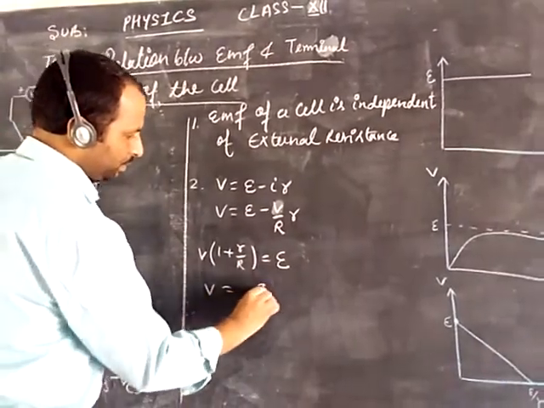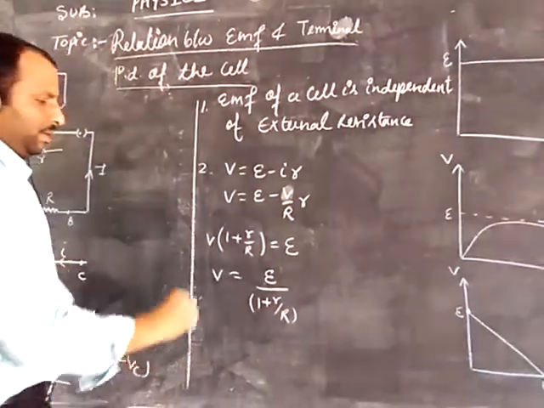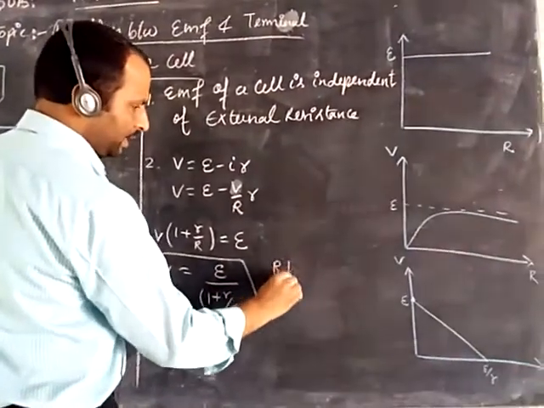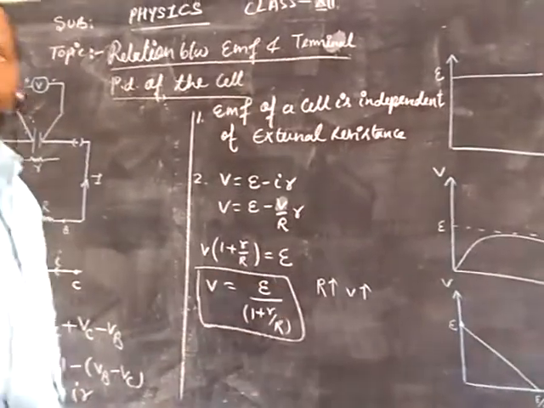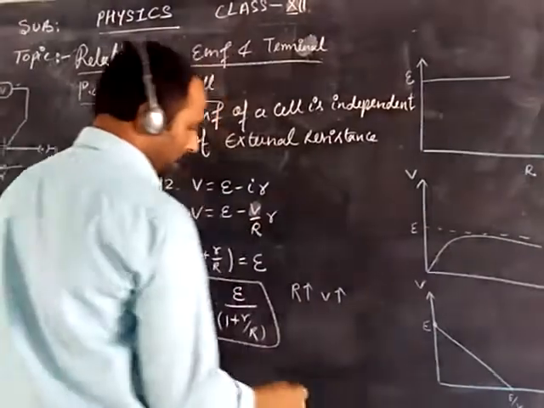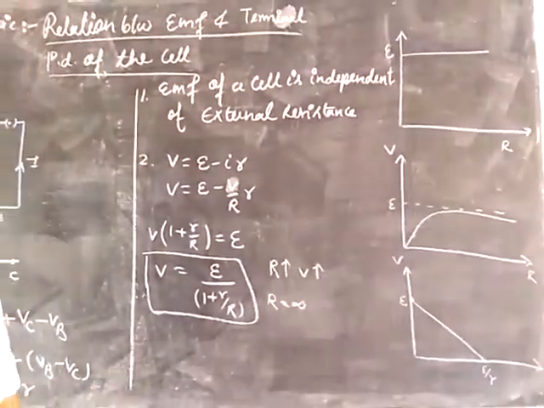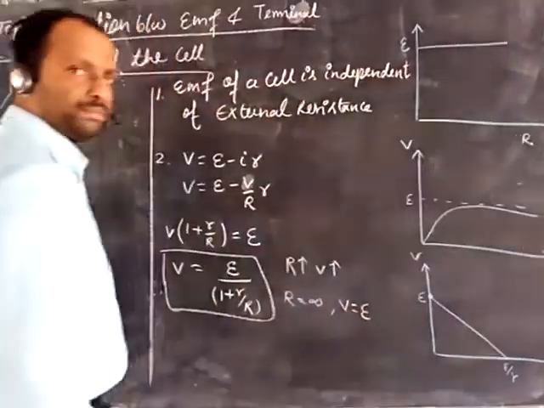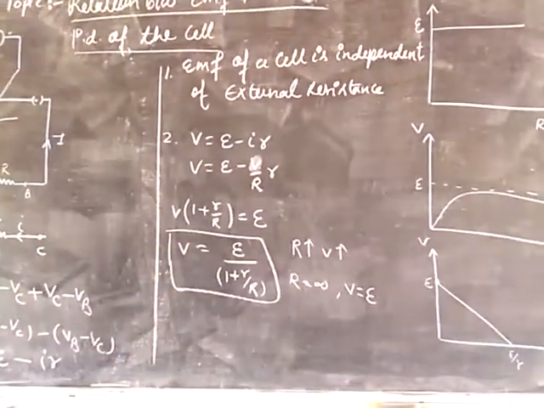So V is equal to E upon 1 plus r upon R. From here it is found that as R increases, V also increases, but it will not be directly proportional. The graph increases like this. When the external resistance is made infinite, V is equal to E. The graph is something like this.